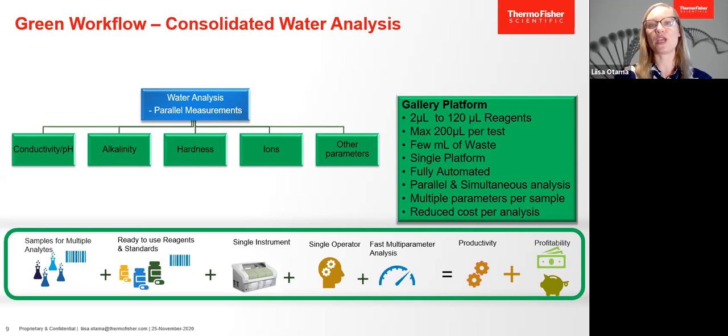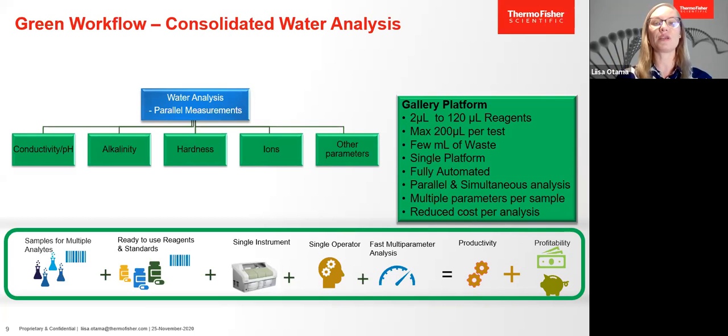Comparing, for example, the reagent consumption between the Gallery platform and the traditional approach. Here we are talking about microliters of reagents. So reagent consumption anywhere between 2 microliters to 120 microliters, depending on the composition of the reaction component. It might be maybe roughly 200 microliters per test.